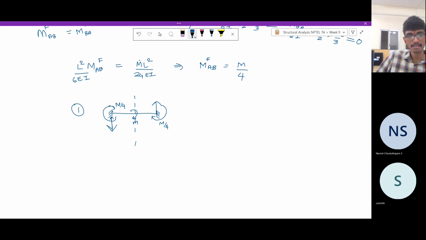So if you have a sagging moment on this side, you will have a hogging on the other. And hence, the beam will deform something like this.